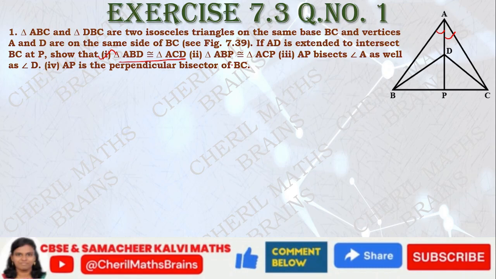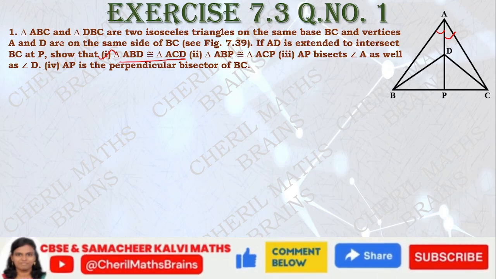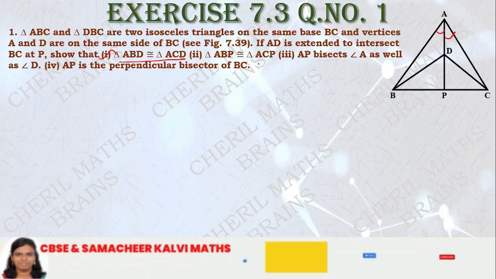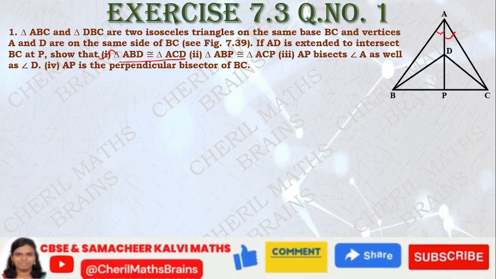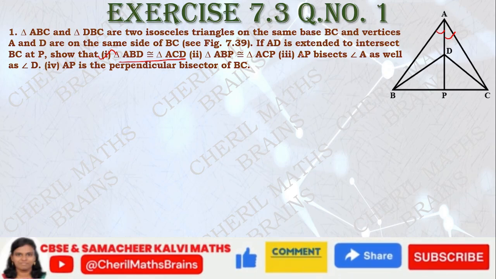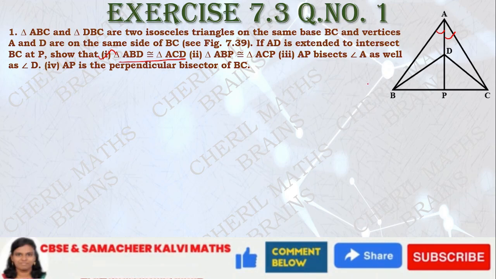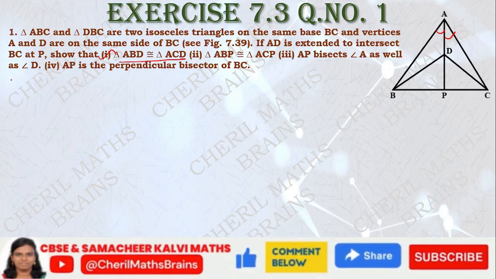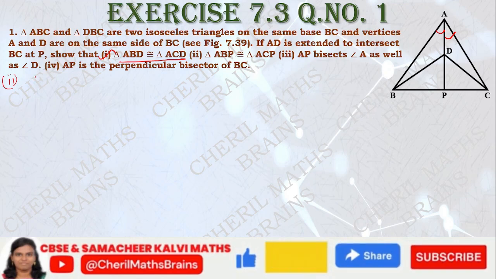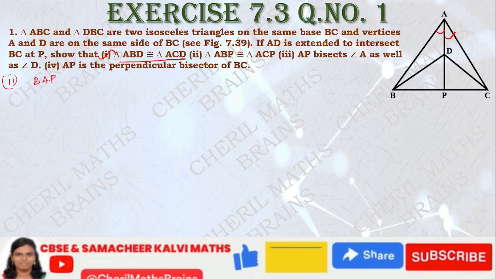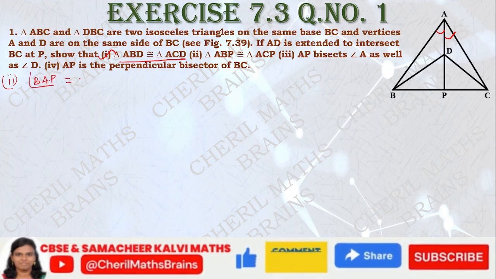The next one, we are going to consider these two triangles, triangle ABP and triangle ACP, the entire triangle. Okay. So when we look at the entire triangle, already we know that these two angles are going to be the same. For the second one, we know that angle BAP is equal to angle CAP.